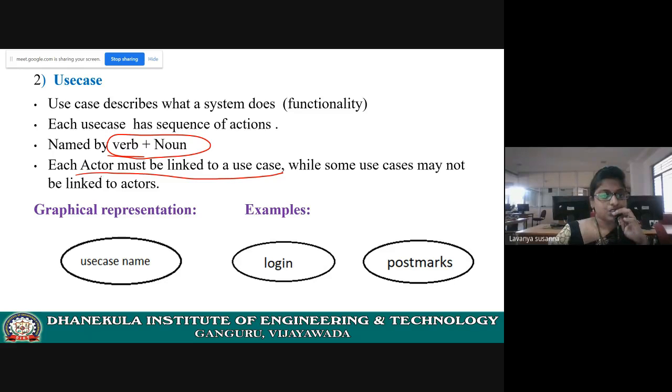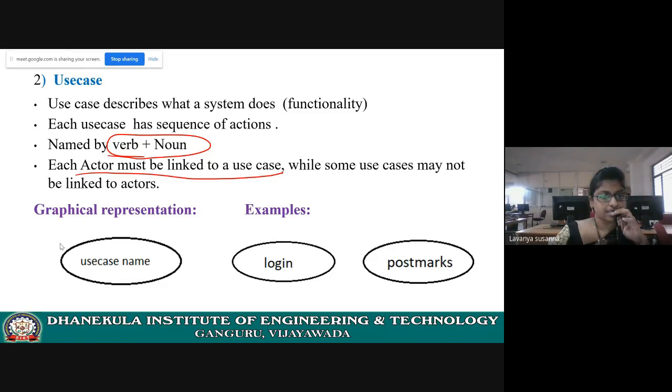Why is each actor linked to the use case? Who wants the use case functionality? The actor only, right? That means there must be a relationship between actor and use case. Who needs the functionality? Actors only, persons or a system. So each actor will be linked to the use case. You need to remember this point.